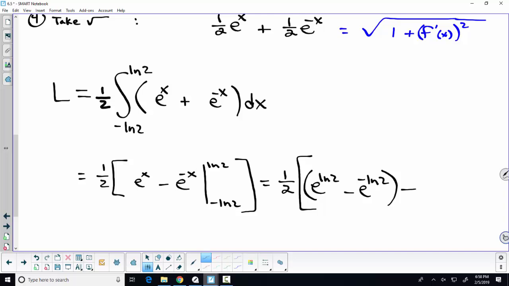That evaluated the lower bound. Negative ln2, minus e to the ln2.